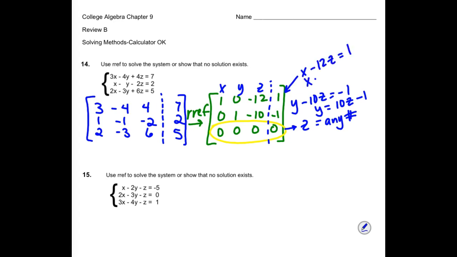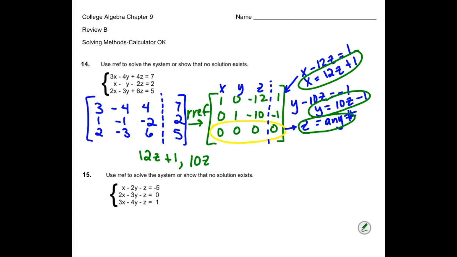So again, solving for x, I'm going to add the 12z to the other side. And so I end up with expressions for x and y, and then we know that z can be anything. So my solution would be 12z plus 1 for x, 10z minus 1 for y, and z is any number.